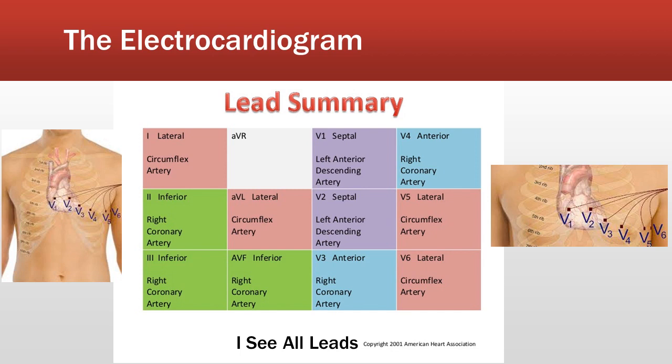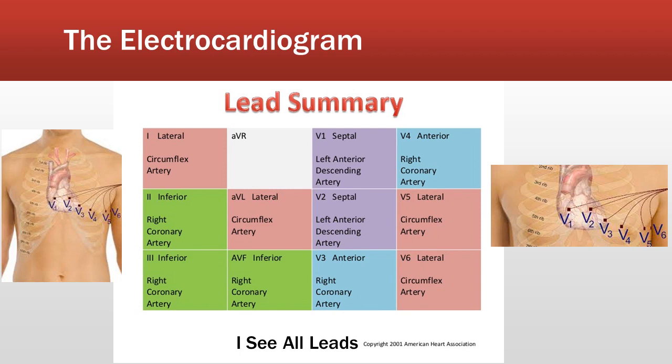V3 and V4 show the anterior portion of the heart, which is supplied by the right coronary artery, and the lateral portion of the heart can be seen in V5 and V6, and that's the left coronary artery circumflex branch.